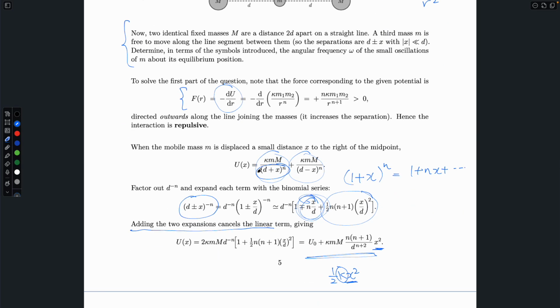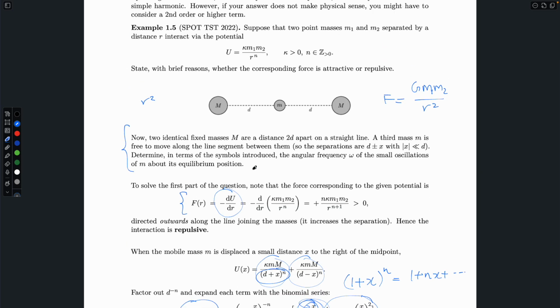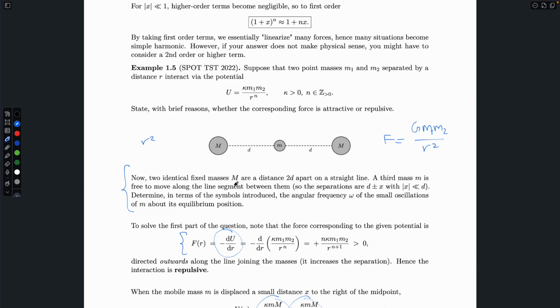You'll see this a lot in problems below and just in general, where you have to expand a term to make it small. And the way you tell from a question whether or not you should do this is you simply do your reading comprehension. Usually when they say something like x much smaller than d or small oscillations, these are keywords hinting that you should consider a small order expansion.